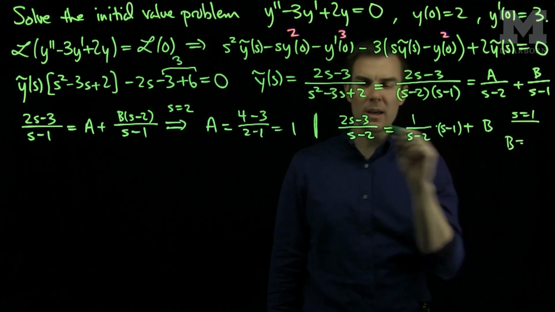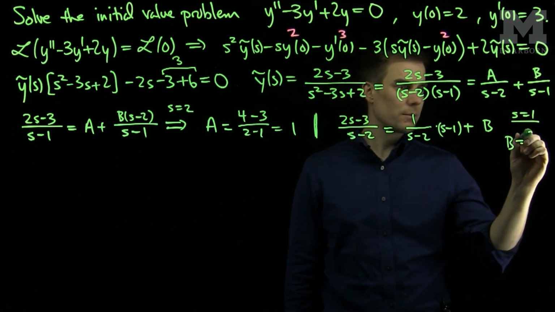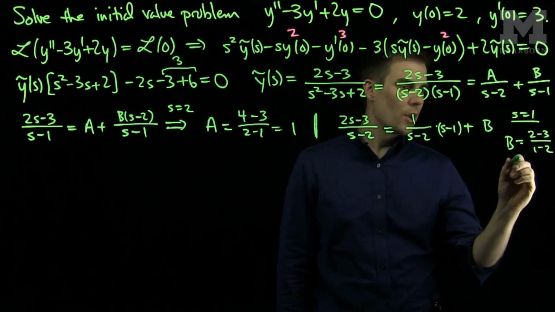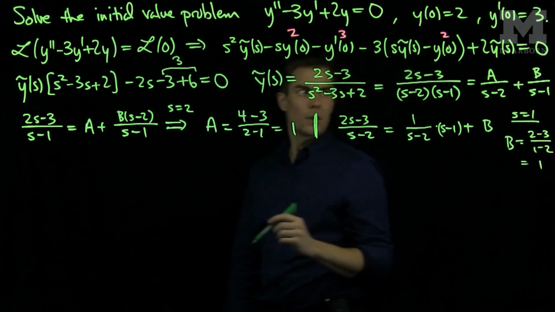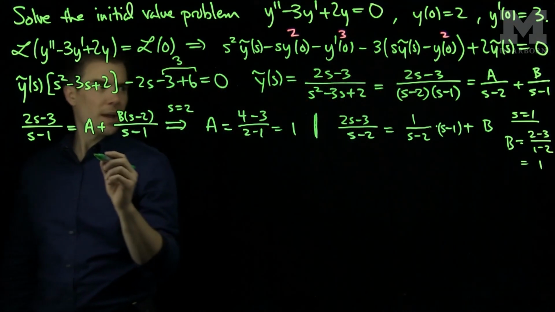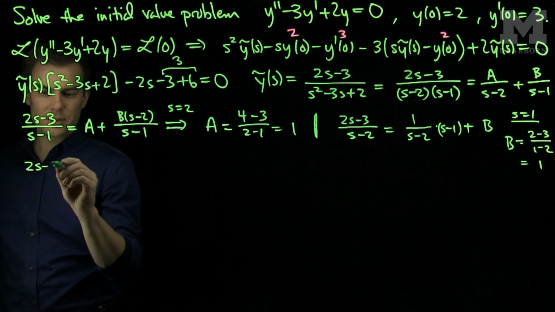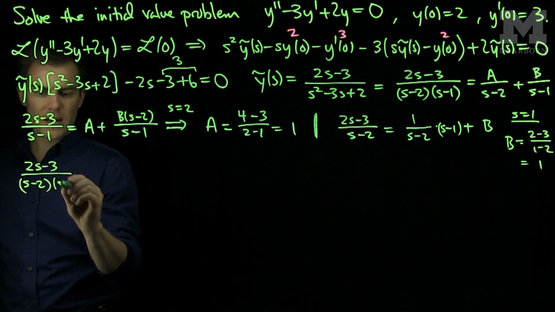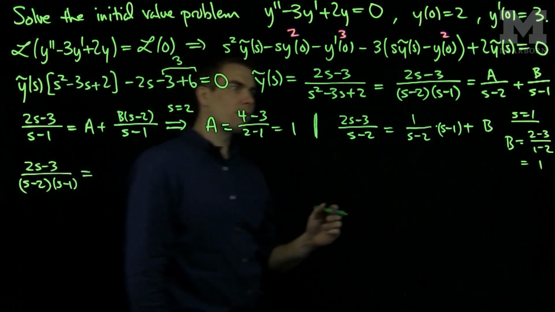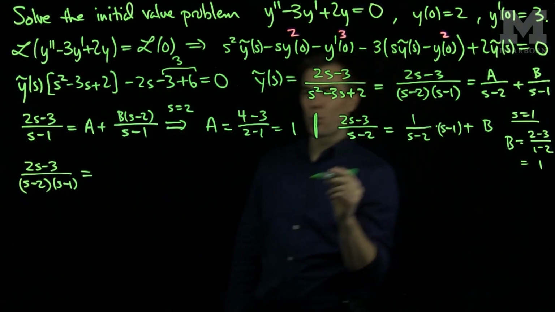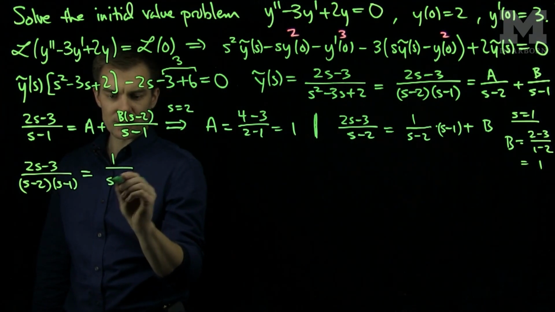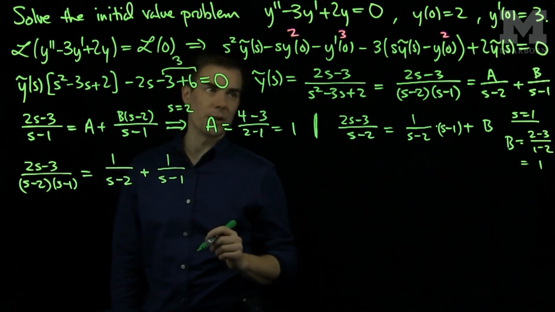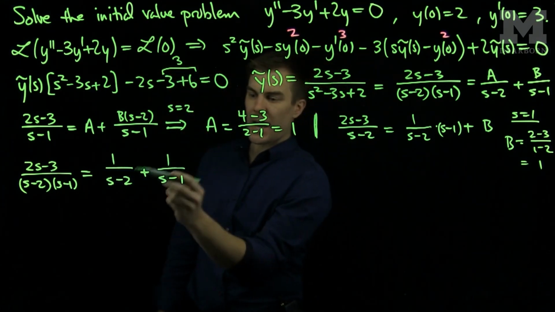We will see that b is 2 minus 3 over 1 minus 2. So b will also be equal to 1. So what we have is that 2s minus 3 over s minus 2 times s minus 1, by my partial fractions decomposition, is going to be 1 over s minus 2 plus 1 over s minus 1. And we can verify this is true simply by adding as well.